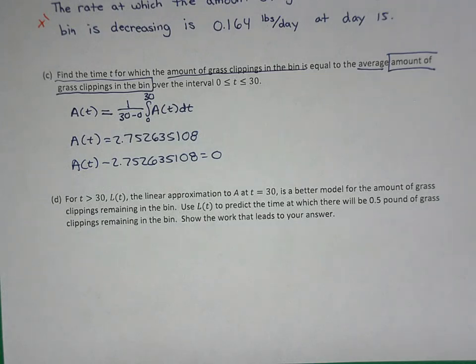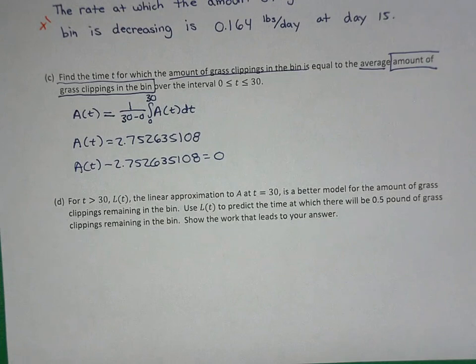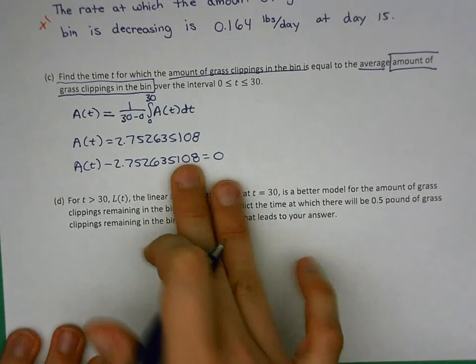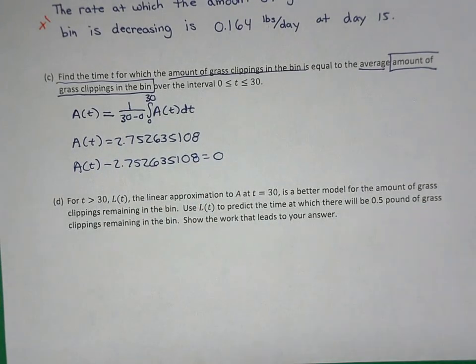So it's a good thing to remember how to calc a 0, and so go ahead and take a moment, plug this into your calculator, calc that 0. I don't remember if I've shown this on a video yet, so I am going to go ahead and review calculating a 0. If you want to fast forward the video, go ahead and do so. 2.752635108.